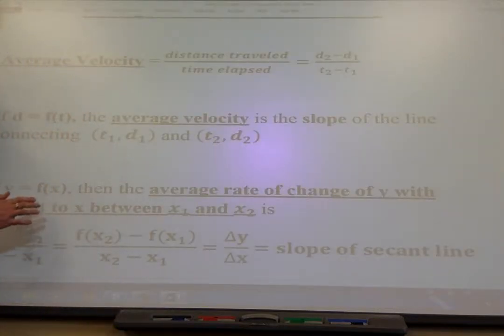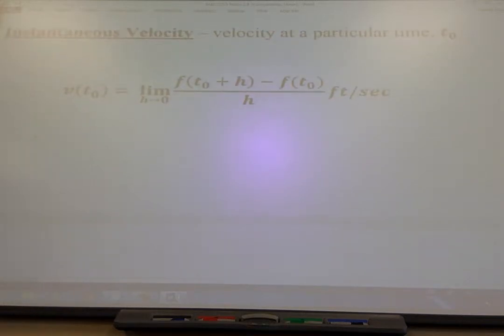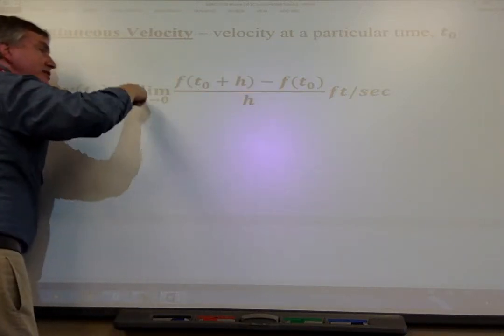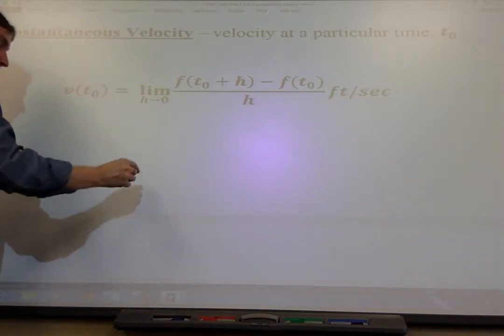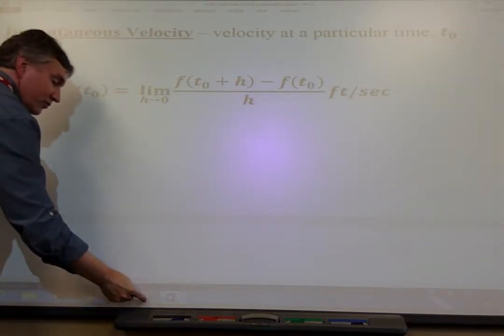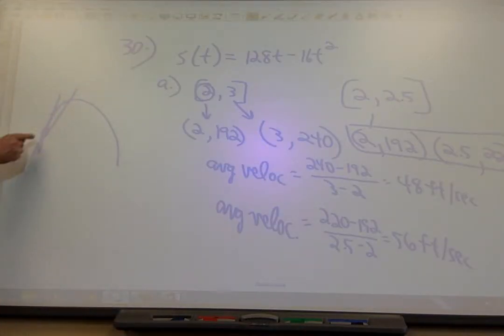So look at this. Back to our notes. If I go up a little bit. Instantaneous velocity. Velocity at a particular time t0. Okay? So what that's going to say, if I find this limit, that's going to be the instantaneous velocity. And see what I'm doing there is we're saying, what if we were looking at, like, on that previous example, what if we wanted the instantaneous velocity at 2 seconds?